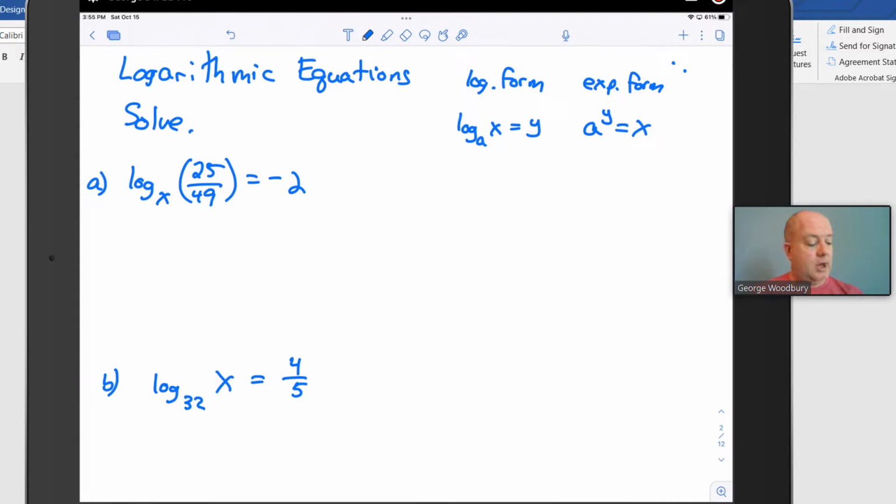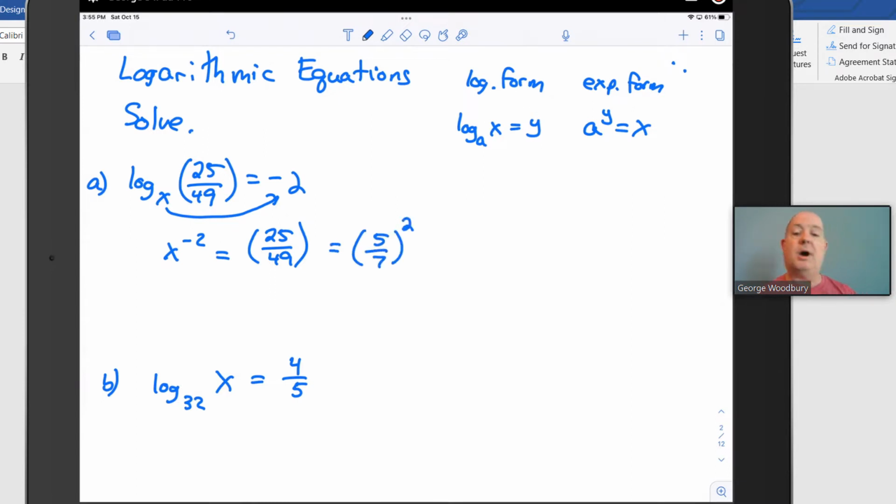So for a, I'm going to take the base and raise it to the exponent on the other side. X to the negative 2 power equals 25 over 49. Now, I can see that my exponent on the left side is negative 2. I would like to write that expression on the right side with an exponent of negative 2 as well, and then I'll have everything solved. What I do know is that 25 is 5 squared and 49 is 7 squared, so I can rewrite this right-hand side as 5/7 to the second power.